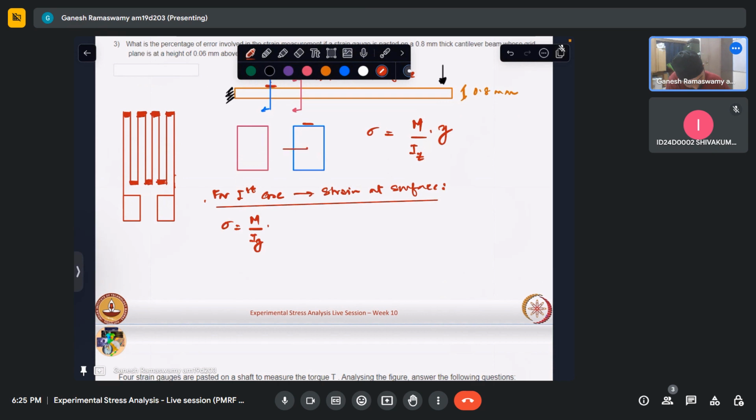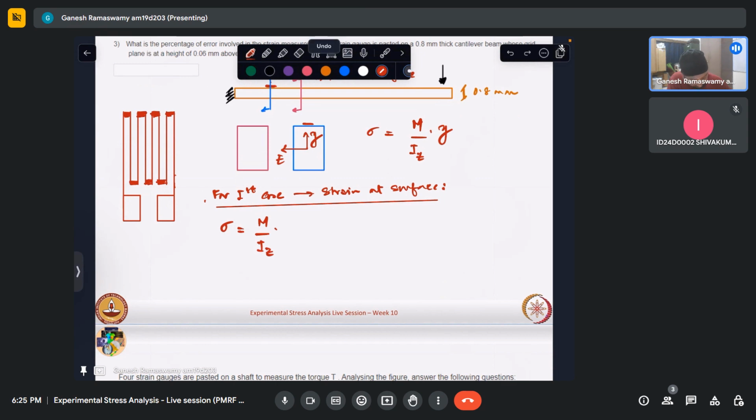I'll take this to be Z, this to be Y, the measure Y. And X is coming out of the plane of the paper, which is along the span of the beam. So this would be sigma, and I'm not accounting for the sign, which is taken care of. I take it that is clear, that is not any issue.